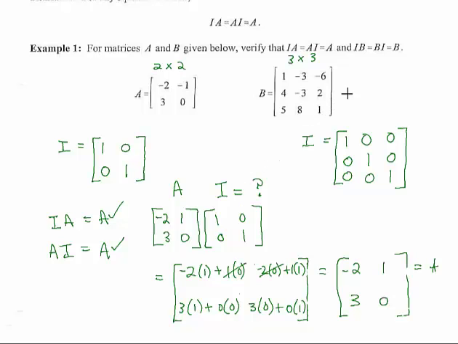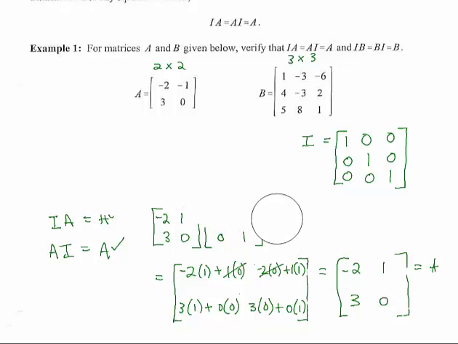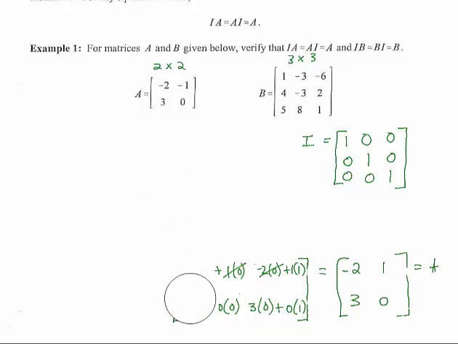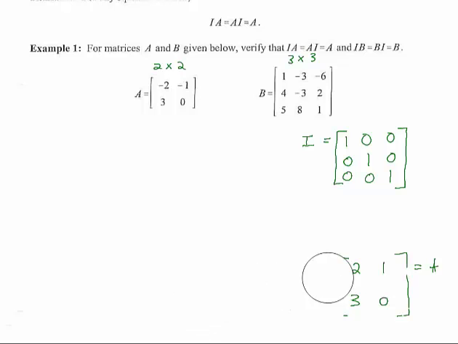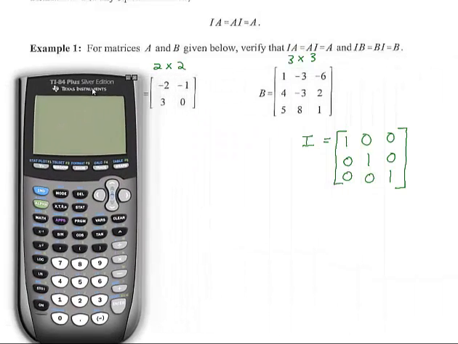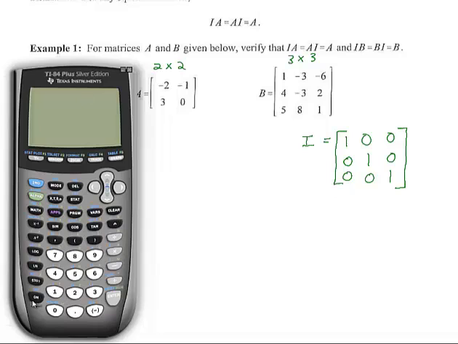Okay, and now we want to do the same thing with B. What I'll do is bring out my calculator, and we'll use the matrix capabilities to do this for us.